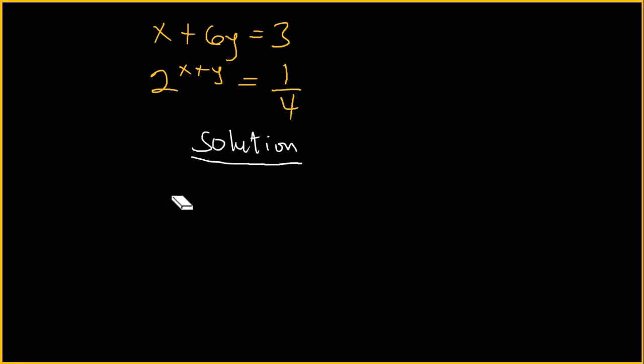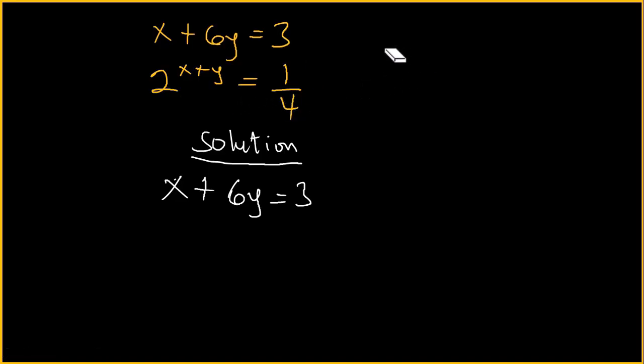Now we have our first equation, x plus 6y equals 3, and then we have the first equation as a linear equation, the second one as an exponential equation.